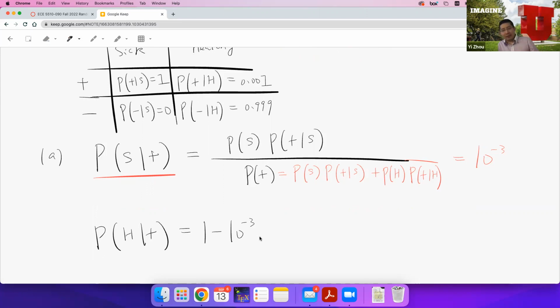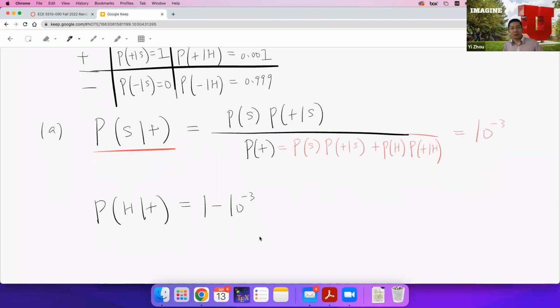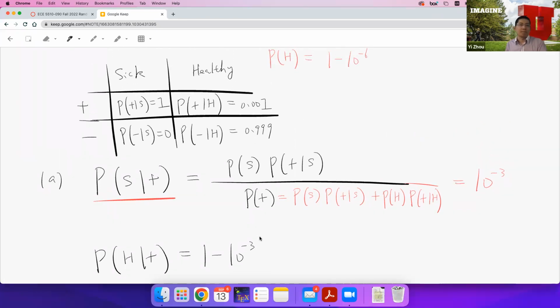Meaning that even if you get a positive test result, most likely you are still healthy. So you should not be too worried about the positive test. The action you need to take is probably to do more examinations and get more data to let the doctors decide if you really have that disease. But from the testing result only, it's very hard to say anything about your health condition. This is somewhat counterintuitive, but if you follow the probability law, you will get this very surprising message.